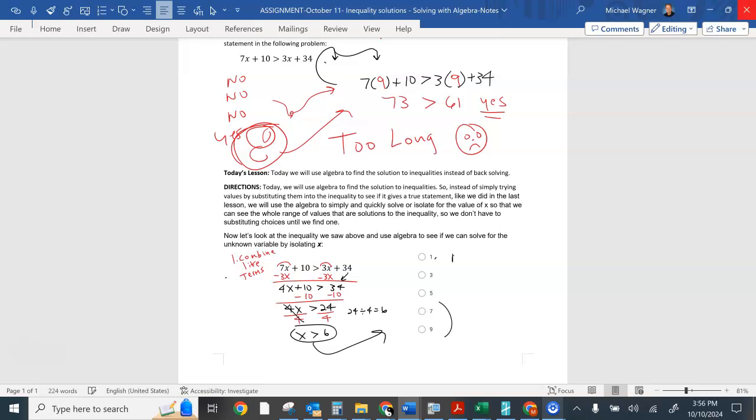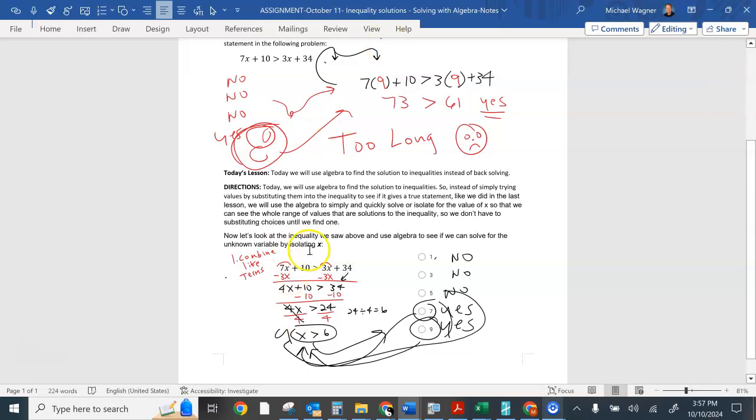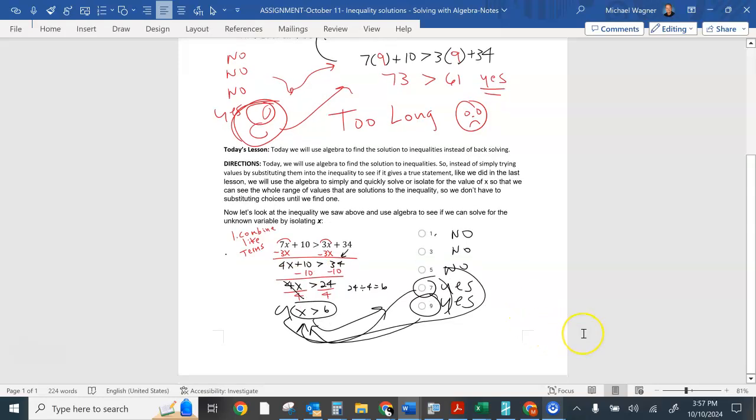Is 1 greater than 6? No. 3 greater than 6? No. Is 5 greater than 6? No. Is 7 greater than 6? Yes. Is 9 greater than 6? Yes. So we only have to do algebra one time and we can get all the correct answers. It's much quicker to do it like that.